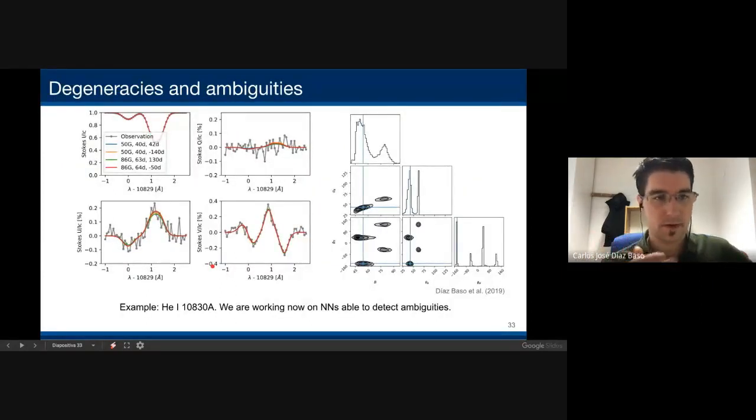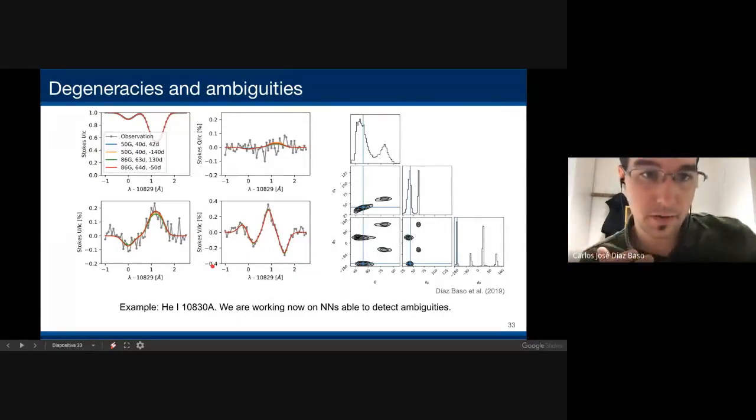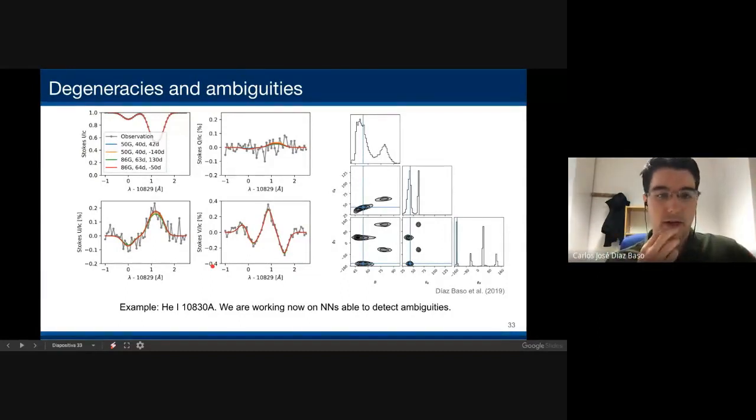we were used to working with the well-known Zeeman ambiguity at 180 degrees, but under the Hanle regime, and in particular for the helium line at 10830 angstrom, we can find up to 4 different configurations of the magnetic field that are compatible with the signals.